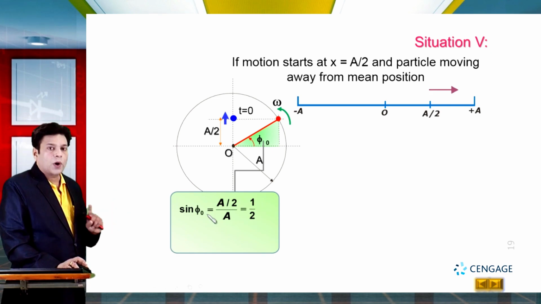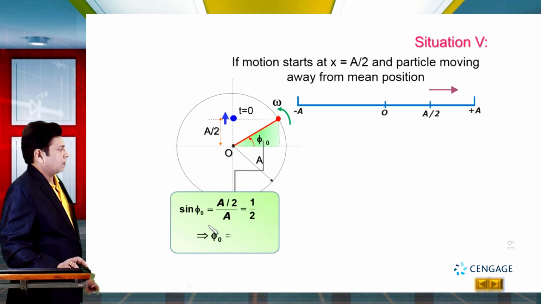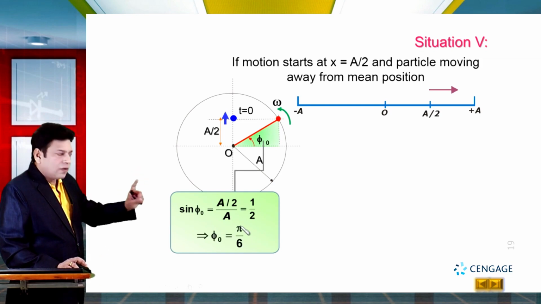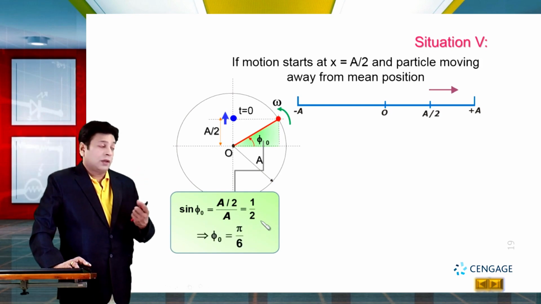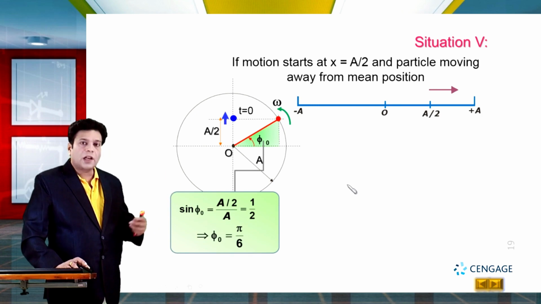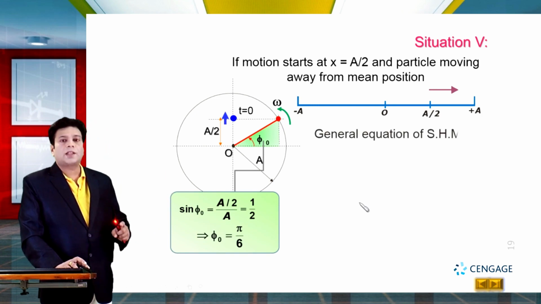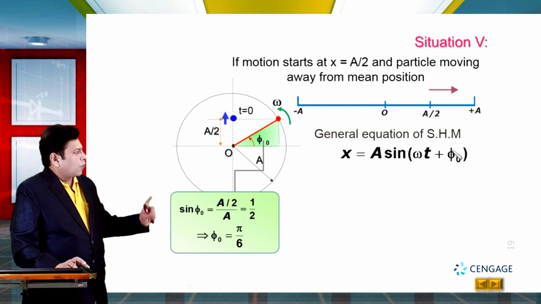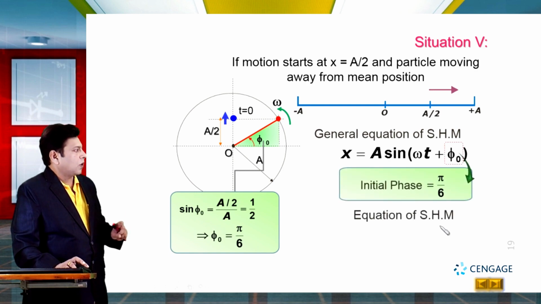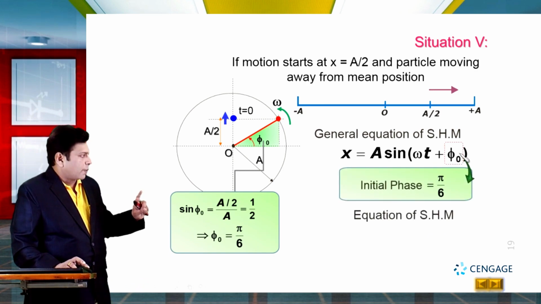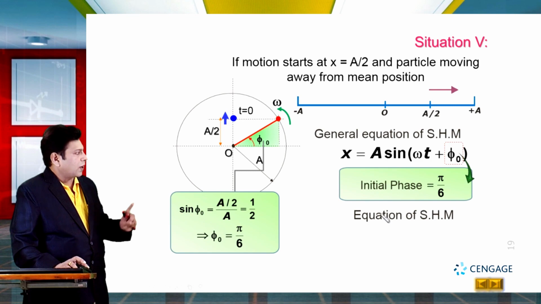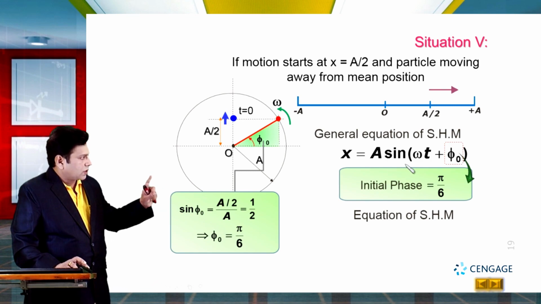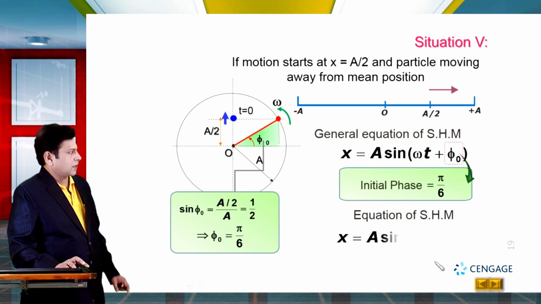That means phi naught should be equal to pi by 6. So this is the initial phase of oscillation. Now we write the general equation again, x equal to A sin(omega t plus phi naught). Substituting phi naught equal to pi by 6, the equation of SHM becomes x equal to A sin(omega t plus pi by 6).